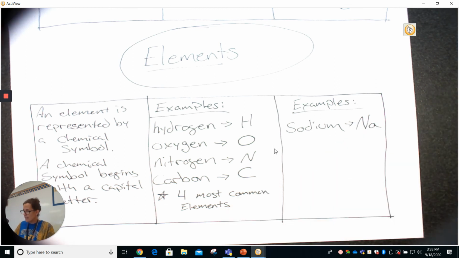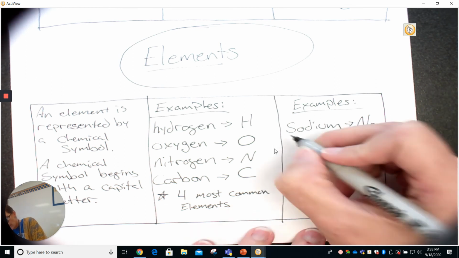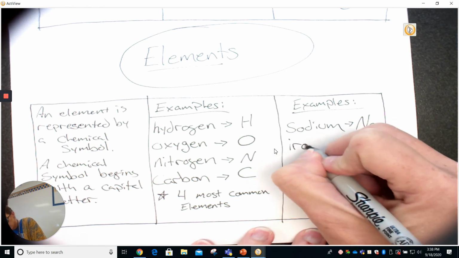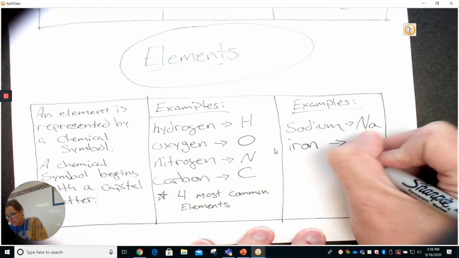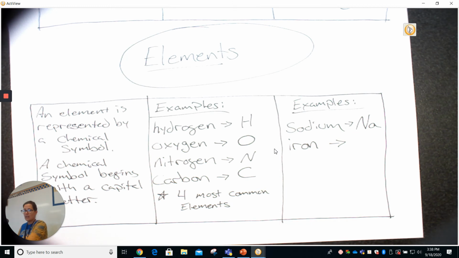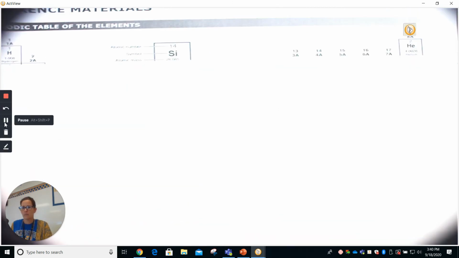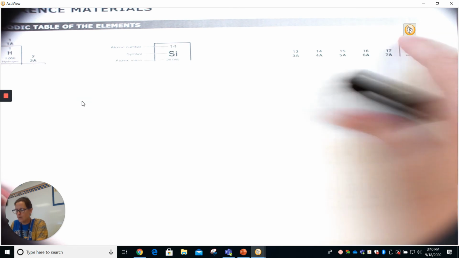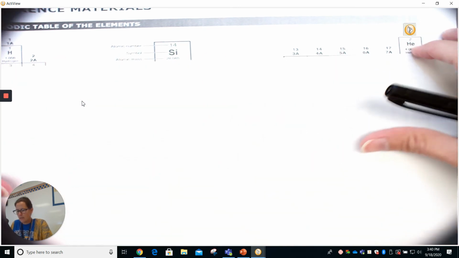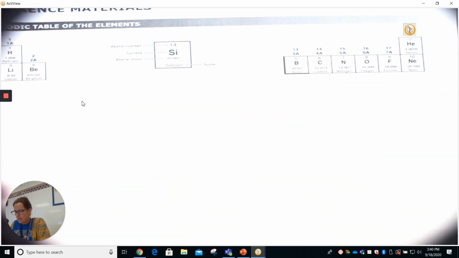Okay? The next element we'll talk about is iron. So I'll write iron right there. And iron is going to be represented by 2 letters as well. All right, so let's see if we can find iron on our periodic table. I have my paper sitting on top so it's easier to look. It's not on the first row. Let's look on the next row.